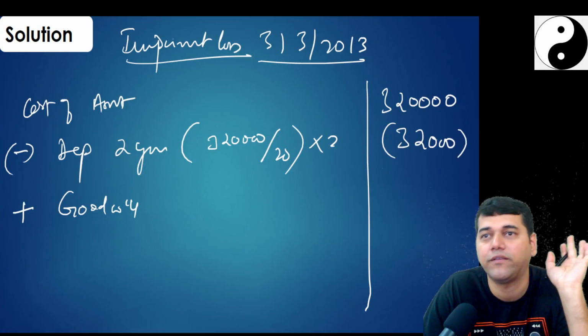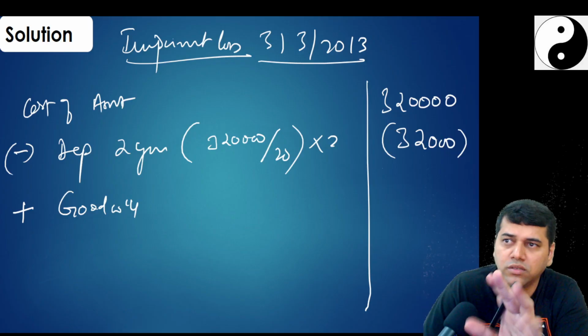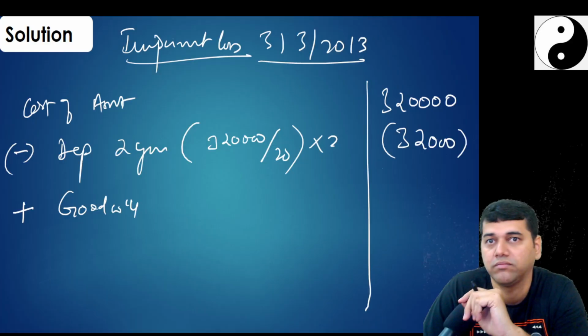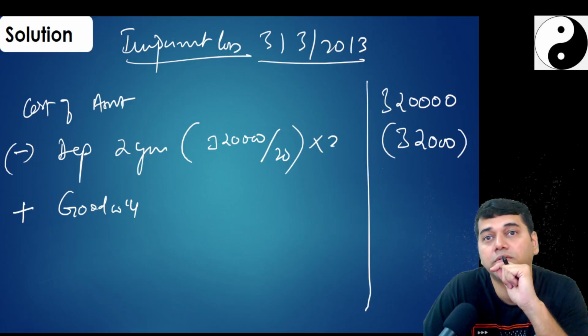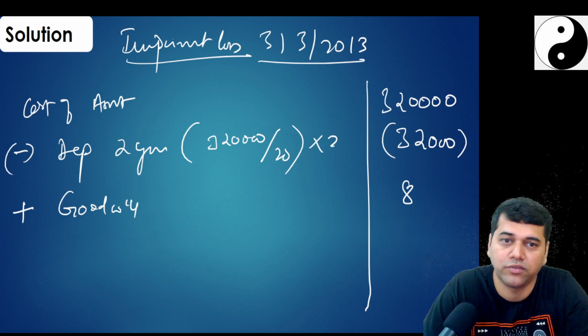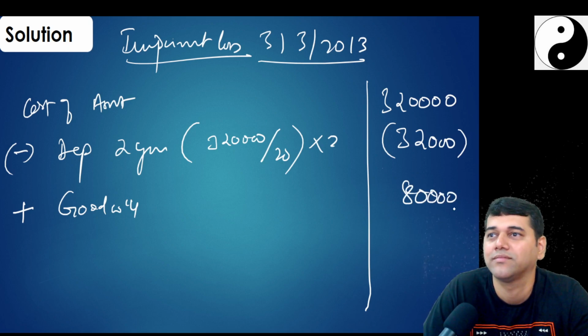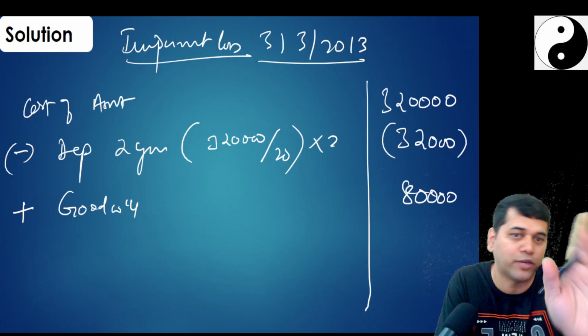So that's why we don't have any problem. Otherwise, same question. If they say 80-20, then you have to see which goodwill method I have valued. If it is full goodwill method, you write 80,000. If it's full goodwill method, you write whatever goodwill comes there.